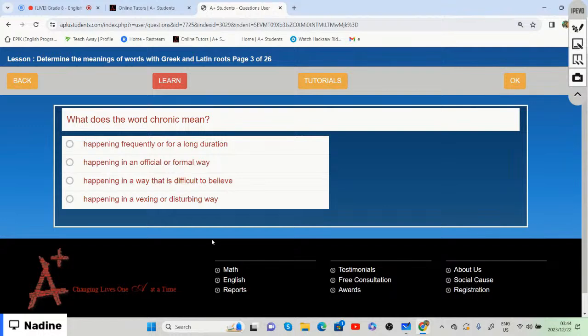All right, so if we were to say what chronic means, it's something to do with an illness. No, it's not an illness, but it has to do with an illness. So it means that it is maybe something that you have for a long duration, frequently.